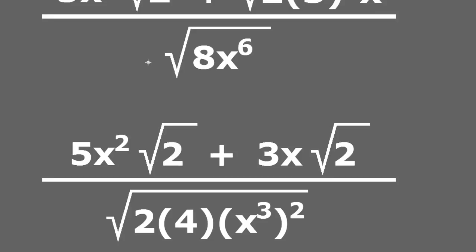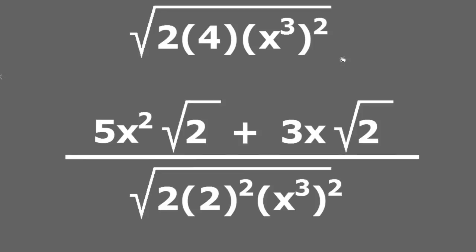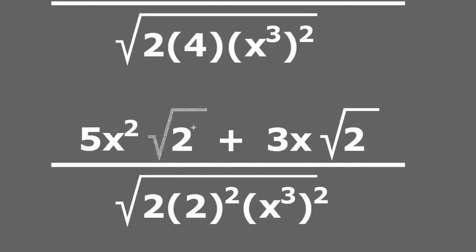Now, let's work on the denominator. The denominator is the square root of 8x to the 6th power. I do the same thing. I rewrite the 8 as 2 times 4, and the x to the 6th power, I also can rewrite as x cubed, parentheses, squared. So, the next step, I also take the number 4 and I write it as 2 squared. So now, I have an exponent 2 that applies to the number 2, and I have an exponent 2 that applies to the x cubed.